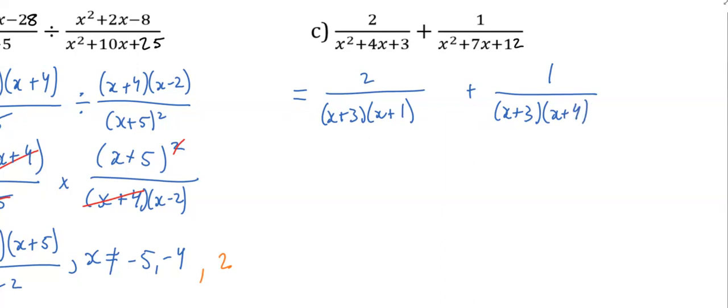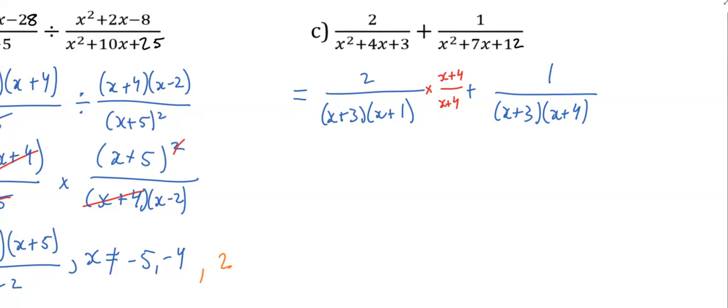And to get a common denominator, you have to have all the same denominator for both. They already have x plus 3 in common, so all I have to do is, I'm thinking like add what's missing. So this has x plus 3, x plus 1, but it's missing x plus 4. So again, I have to multiply by 1. So I multiply by x plus 4 over x plus 4.